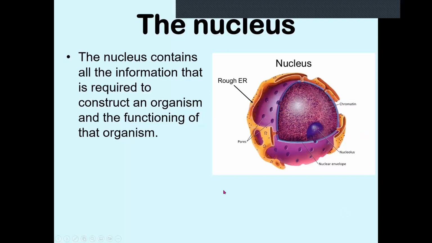Let's have a look at the nucleus now. Now, the nucleus is a pretty complex organelle, and it contains all the information that needs to make us up, or any organism, eukaryote that is.